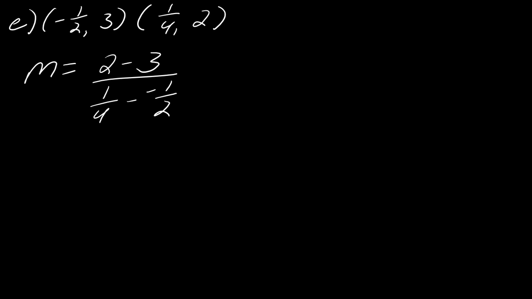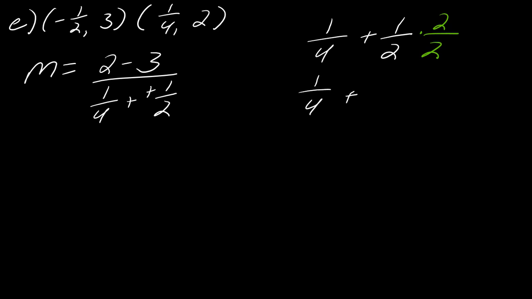First, this 1/4 plus 1/2, we have to convert so that it has a common denominator. The common denominator between 4 and 2 is going to be 4. So I'm going to multiply this 1/2 fraction by 2/2. So I have 1/4 plus 2/4. So this will ultimately equal 3/4.